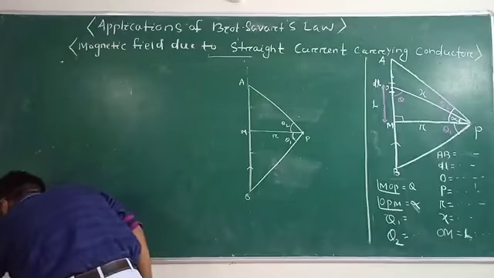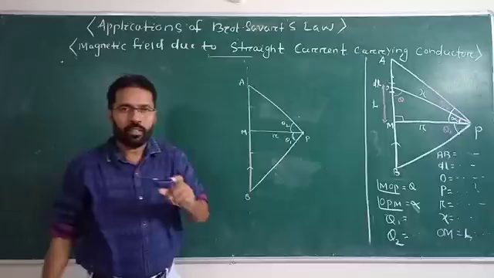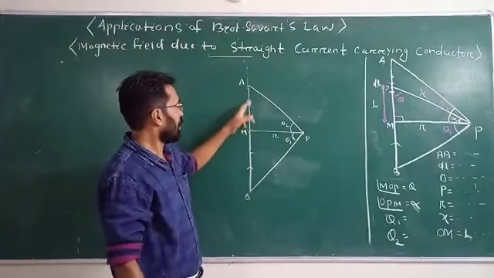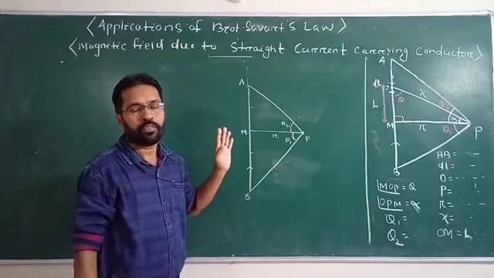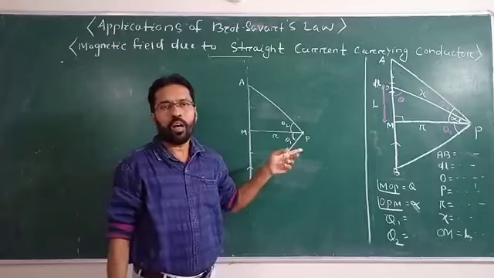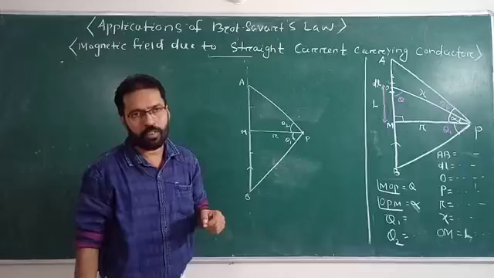So the target is to find out the magnetic field due to a straight current carrying conductor. With the help of Biot-Savart's law, we can find the magnetic field due to a current carrying conductor.